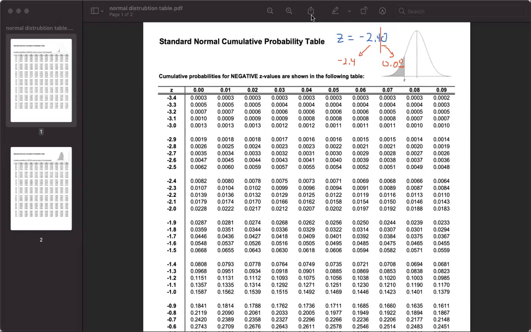So for the negative 2.4, you look along the left column right there. The 0.0 here, you look along the top row right here, and you see where the two meet. Boom, boom, boom, boom. Oops, my pen dragged a little bit. That's the value. That's the answer.